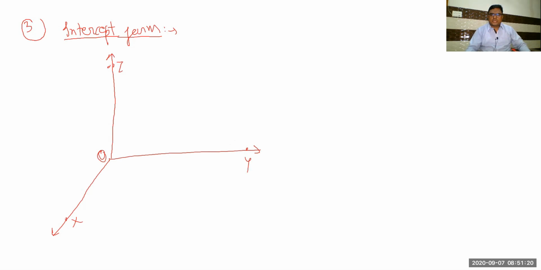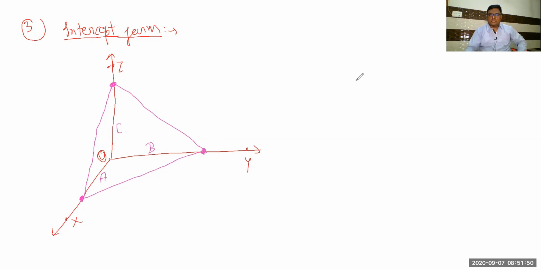Now let us consider a plane. Suppose this time we are taking plane in the shape of a triangle. You see, you have a triangle. The triangle is intersecting the x-axis here, y-axis here, and z-axis here. Let us consider that this distance is capital A, and it is capital B, and it is capital C.